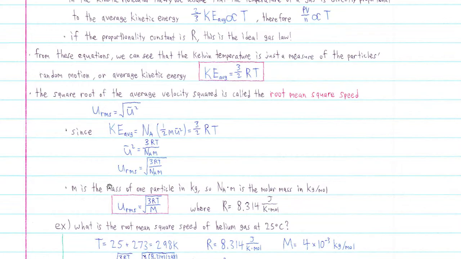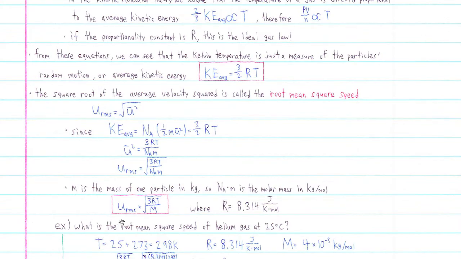And then we can simplify it further, because the m is the mass of a single particle in kilograms, because we use kilograms in physics. And so if we multiply the mass of each particle times Avogadro's number, that's the mass of a mole, or the molar mass, but it's in kilograms, not grams.